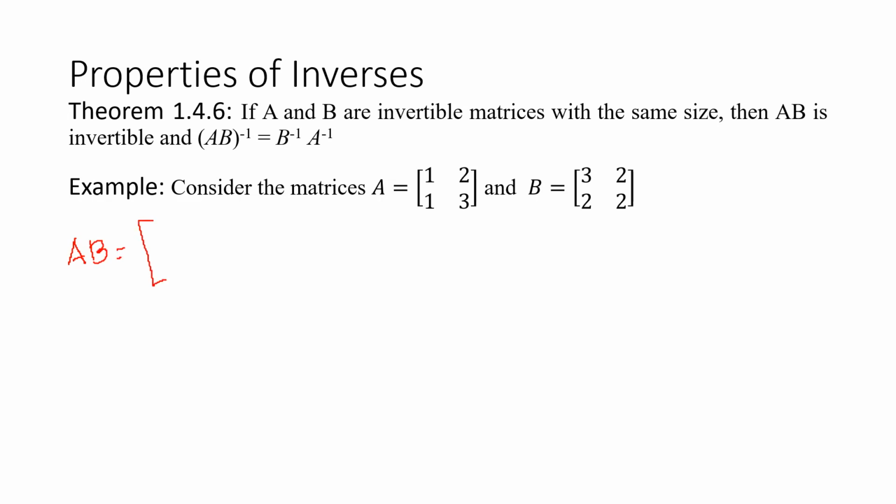we have 7, 9, 6, and 8. Then, if we are going to get the inverse of AB, you have 7 times 8 minus 6 times 9, so you have 1 over 56 minus 54, which is equal to 2, times 7, 9, 6, 8.